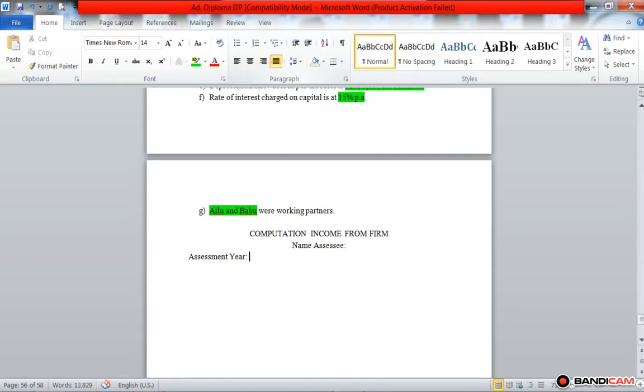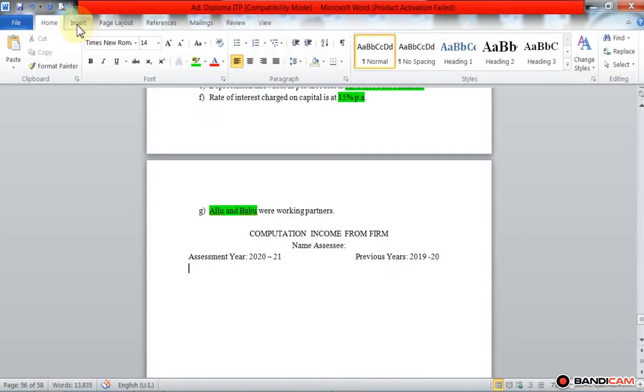Assessment year is 2020-2021 and previous year is 2019-2020.